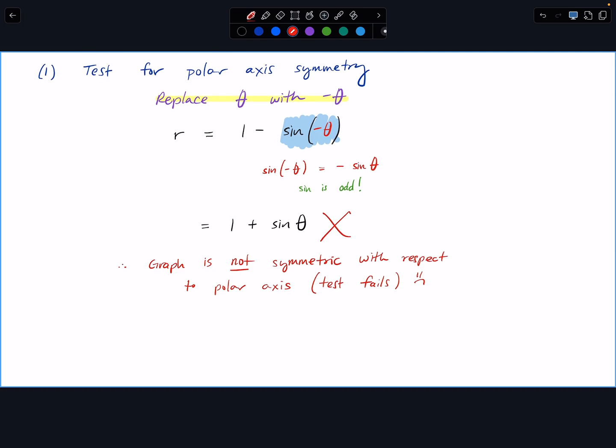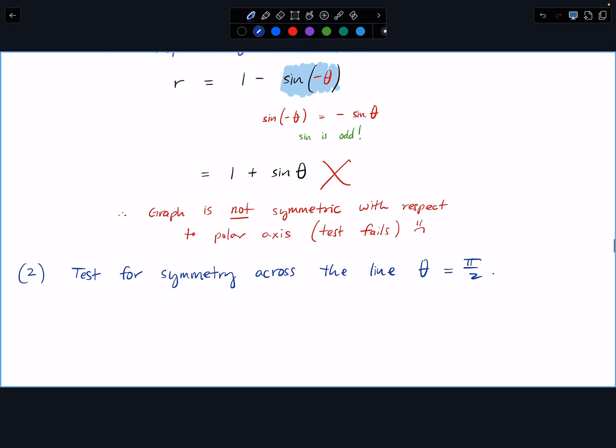Okay, well that sucks. Now we have to try a new test. So test 2. Let's test for symmetry across the line theta is equal to pi over 2.